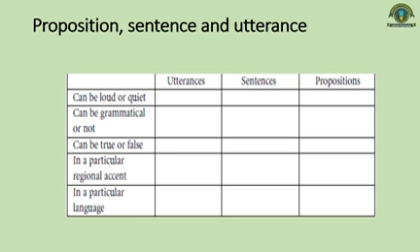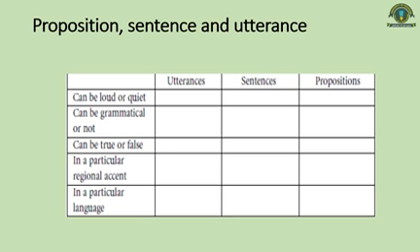Now, in a particular regional accent: yes, an utterance can be in a particular regional accent, as we discussed in our previous slides. So in this box we'll put a plus sign. Sentences cannot be in a particular regional accent, so we will put a minus sign, and the same is the case with propositions.